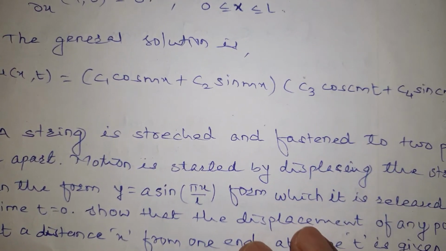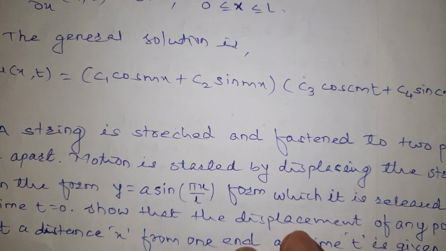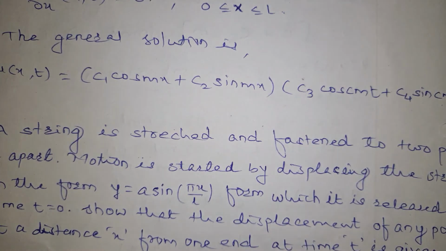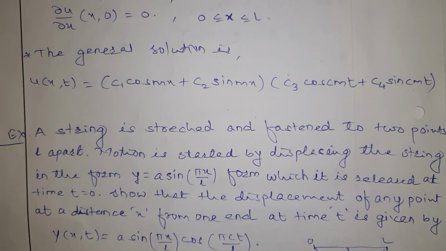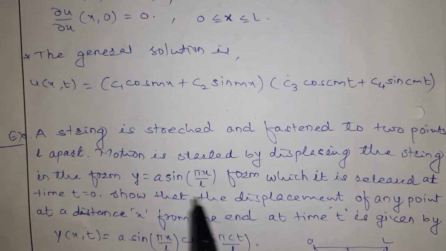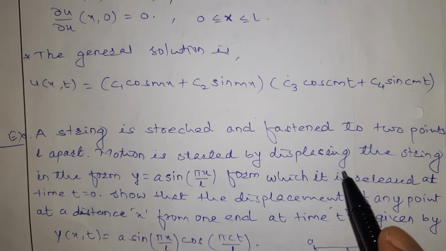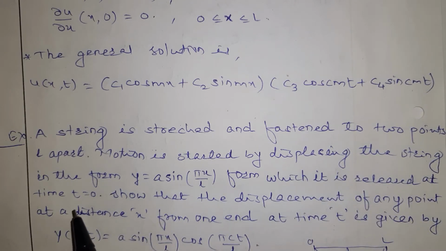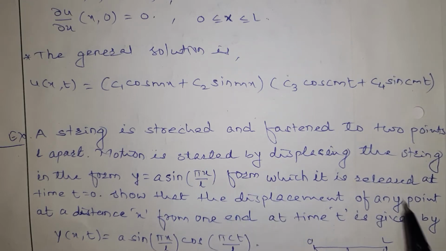A string is stretched and fastened to 2 points L apart. Means distance between 2 points is L, length of the string is L. Motion is started by displacing the string in the form y is equal to a sin pi x upon L, from which it is released at time t equal to 0.